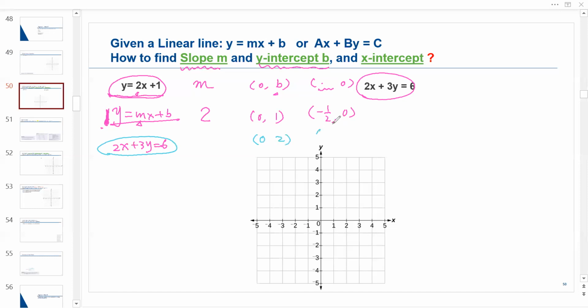The x-intercept means when y equals 0, so x is 3. So when graphing this, the line passes through 0, 2 right here and 3, 0 right here. So you can graph this one.